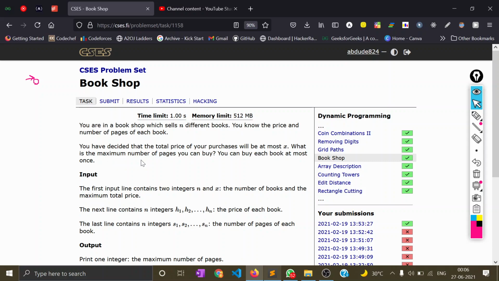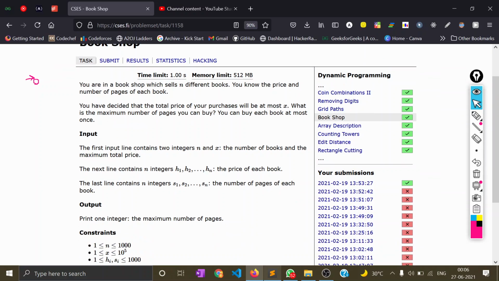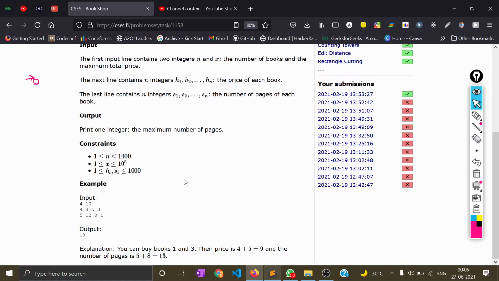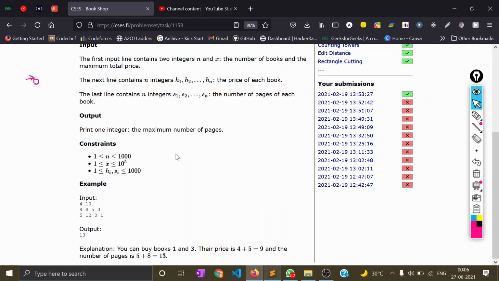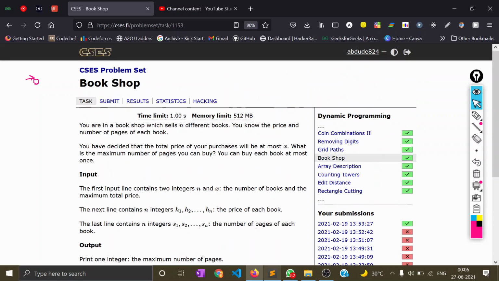So this is actually a slightly difficult problem.